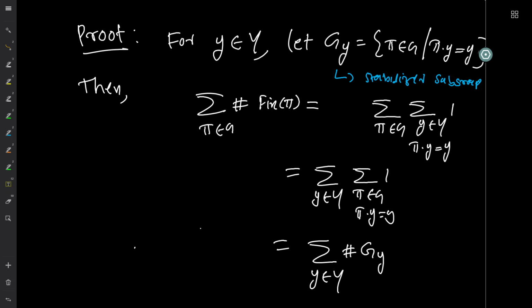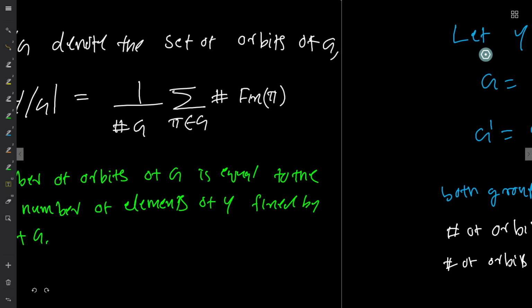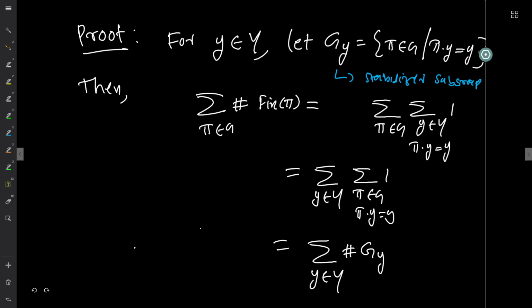Then to calculate this sum, 1 by mod G summation over pi in G of the cardinality of Fix(pi), let us try to sum over all elements of G the cardinality of Fix(pi), right?